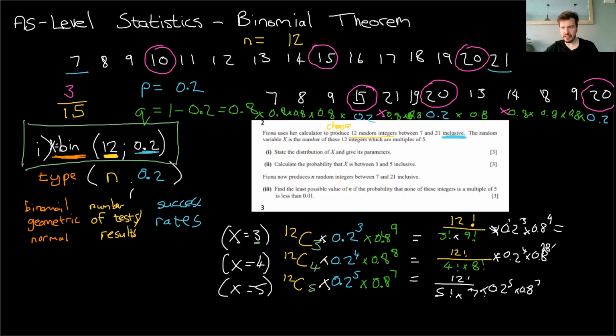Okay, and those are going to give us the probability of choosing exactly 3, exactly 4, and exactly 5 multiples of 5 out of the 12 that we choose.